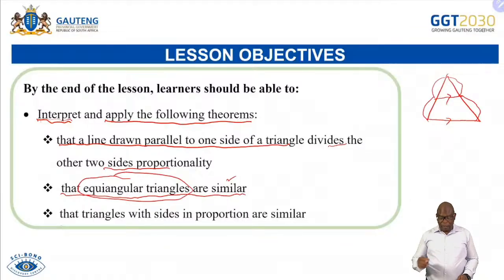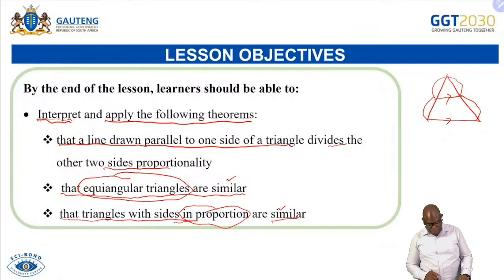When we do similarity, on the slide on the similarity, I'll also explain it further. The triangles with sides that are in proportion are similar. So in other words, if we have sides that are in the same proportion, therefore the two triangles will also be similar. All right, so those are the three theorems that we're going to be looking at.